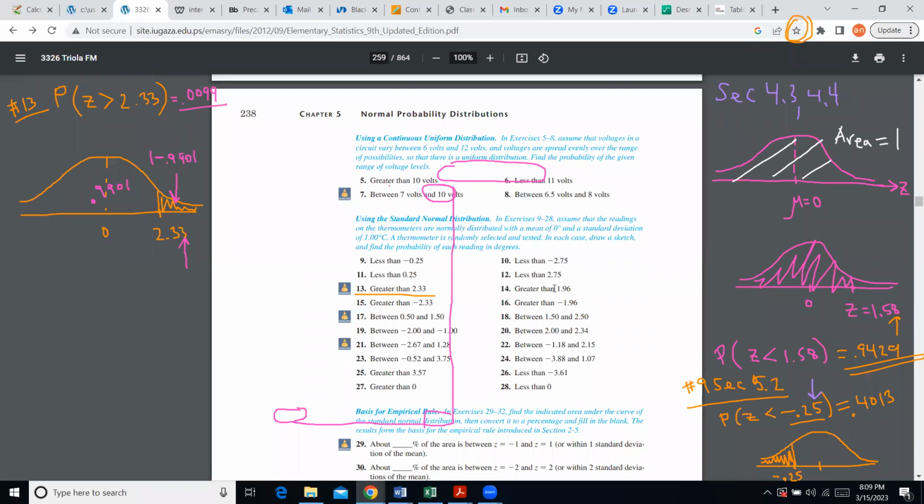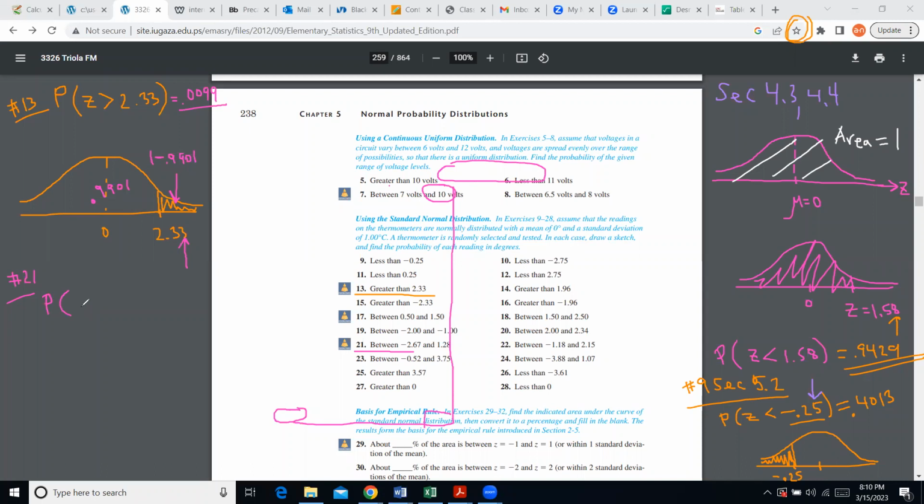How about problem number 21? Look at that. Exercise 21 says, in between two numbers, find the area, which is the same as a probability, right?